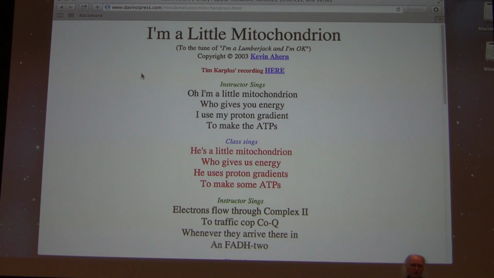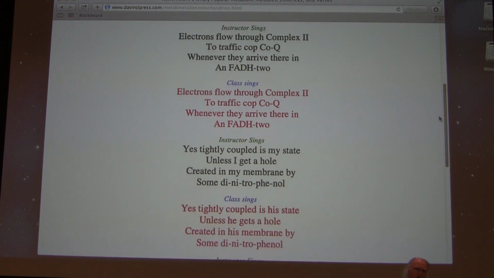Oh, I'm a little mitochondrion who gives you energy. I use my proton gradient to make the ATPs. He's a little mitochondrion who gives us energy. He uses proton gradients to make some ATPs. Electrons flow through complex 2 to traffic cop CoQ. Whenever they arrive, they're in an FADH2.